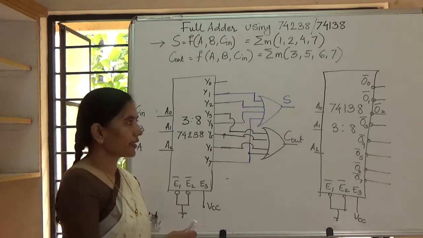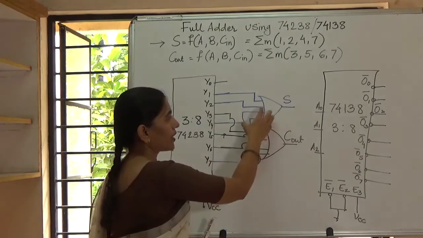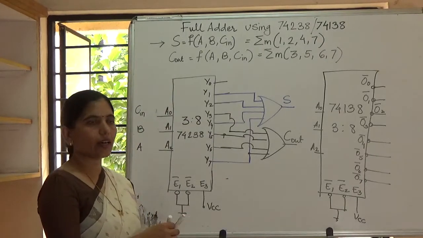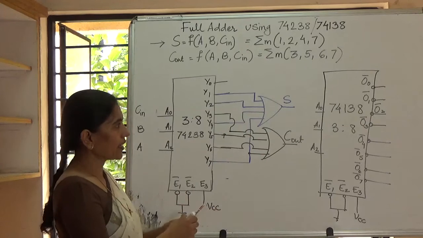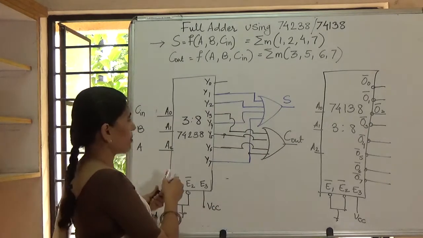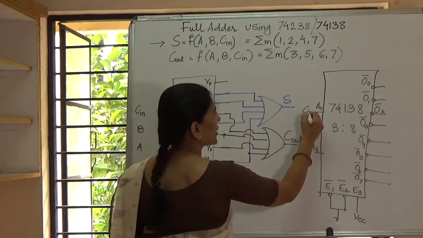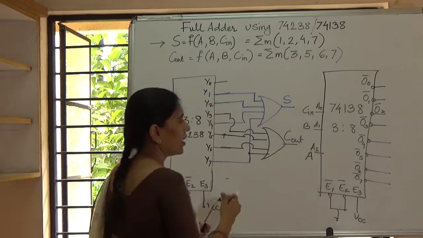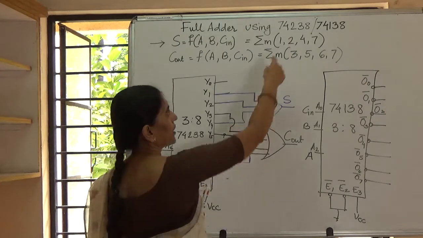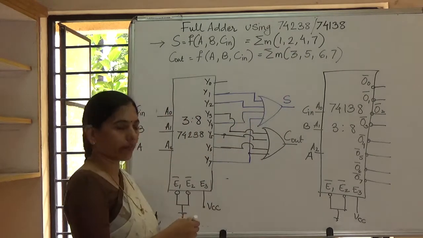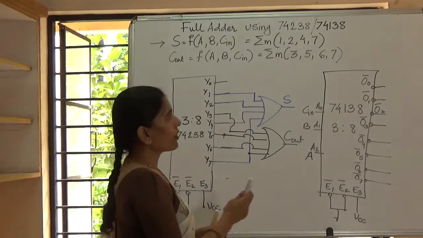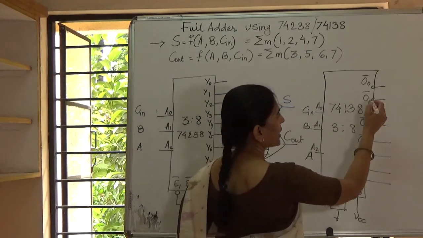How do we accommodate this? Now we will not be using an OR gate, but instead this can be done using a NAND gate. So we connect the inputs similarly over here, that is C in, the B input and the A input, and we look at these outputs 1, 2, 4, 7, but instead of connecting them to an OR gate, we now connect them to a NAND gate.